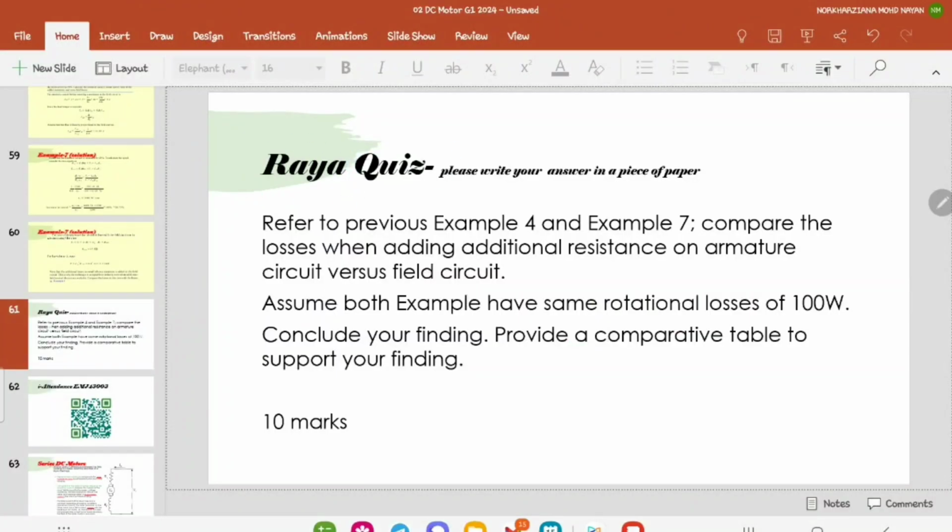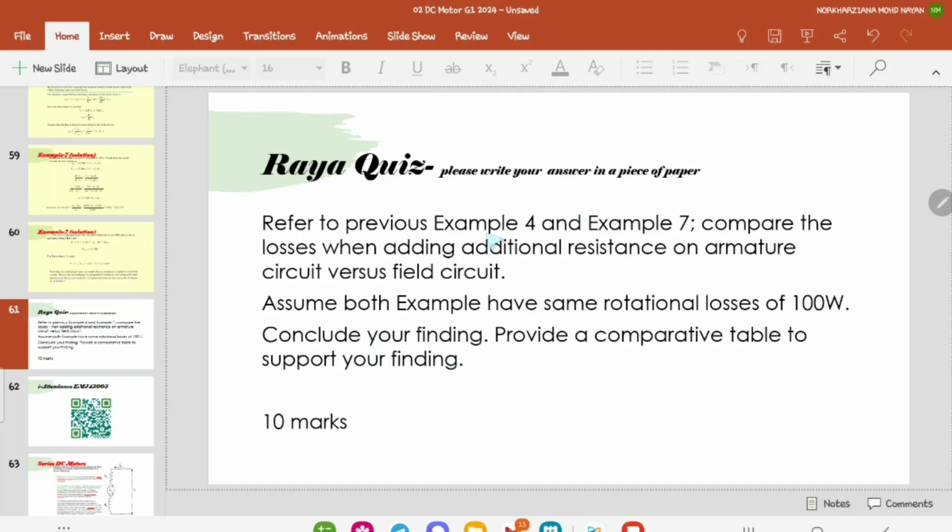This is the Raya quiz and it takes 10 marks. Please write up the answer for this quiz on a piece of paper so that we can check it in the next face-to-face class. Refer to the previous example 4, which we already did last week, and example 7 that we already did recently. Compare the losses when adding additional resistance on the armature circuit versus on the field circuit. Assume both example 4 and 7 have the same rotational losses of 100 watts. Conclude your findings.